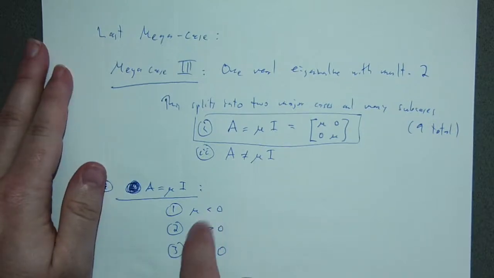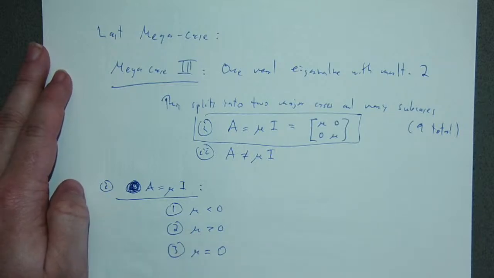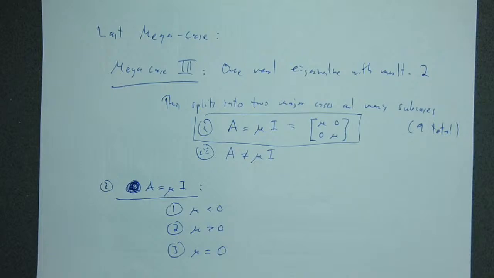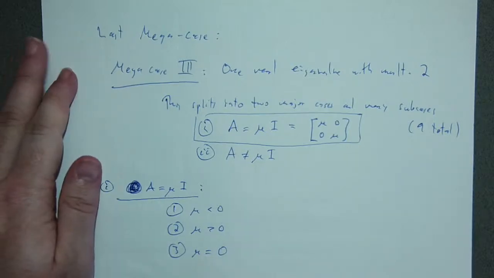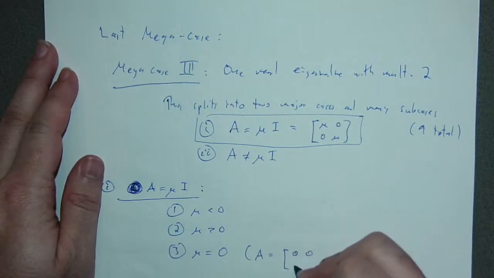If mu is less than 0, all solutions radially approach the origin as t goes to infinity. If mu is greater than 0, all solutions radially move away from the origin as t goes to infinity. And if mu equals 0, then in this case, A is equal to the 0 matrix.